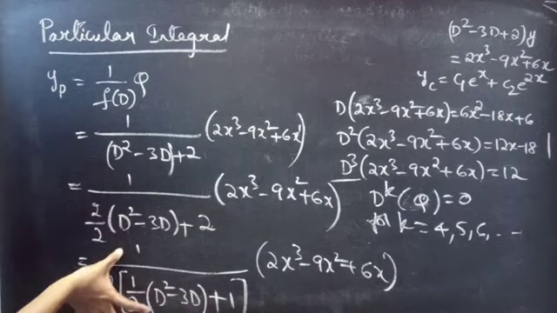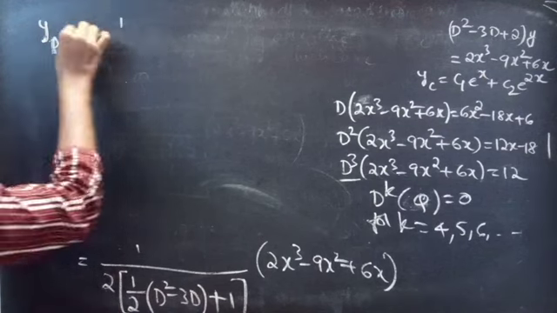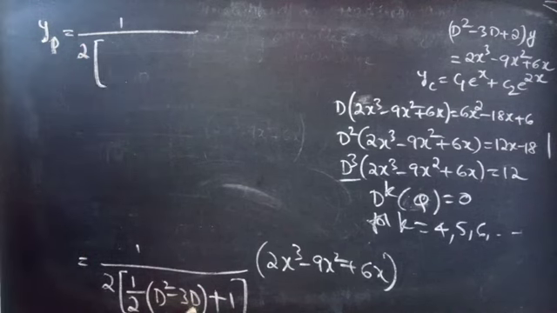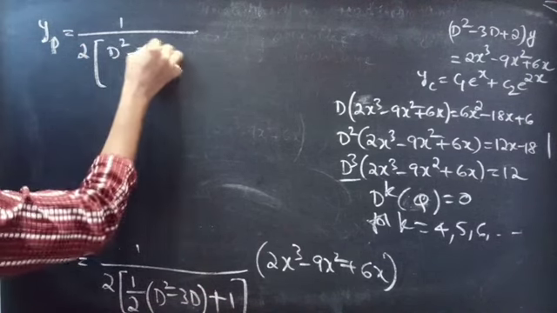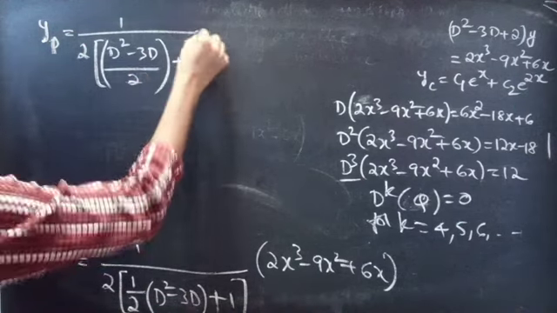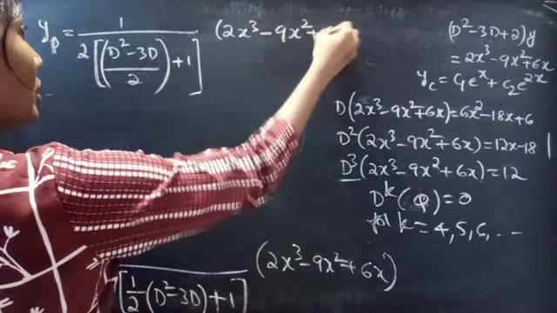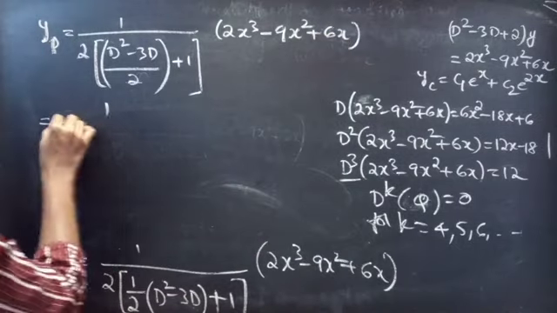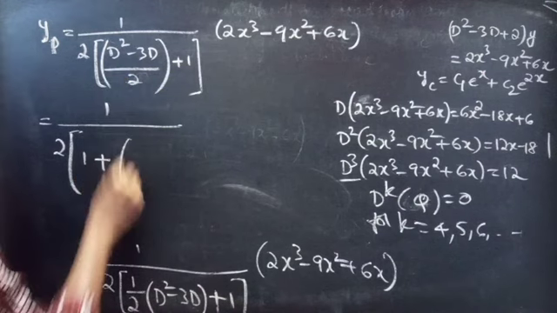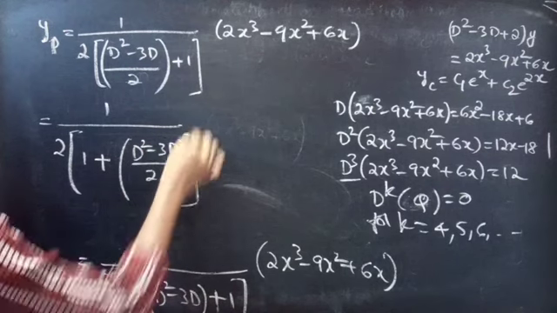Now, let's write this fraction as 1 by 2 into 1 by 2 into D square minus 3D, which is D square minus 3D by 2, plus 1, into Q, 2x cube minus 9x square plus 6x, which equals 1 by 2 into... I can write these 2 terms as 1 plus this term, D square minus 3D by 2, right? Nothing has changed.